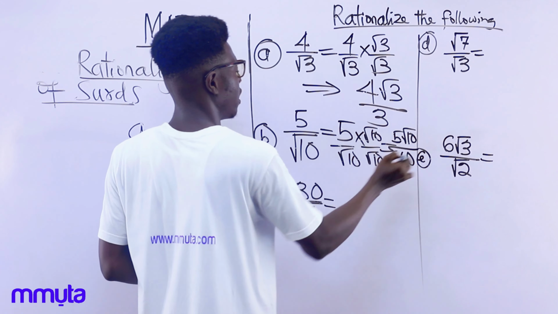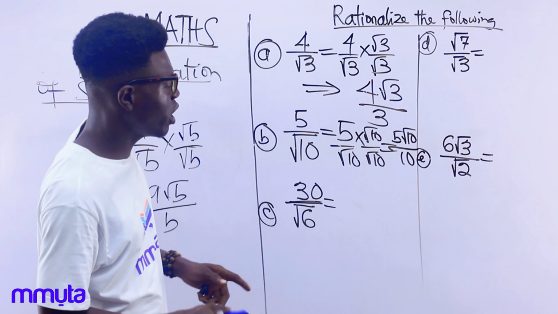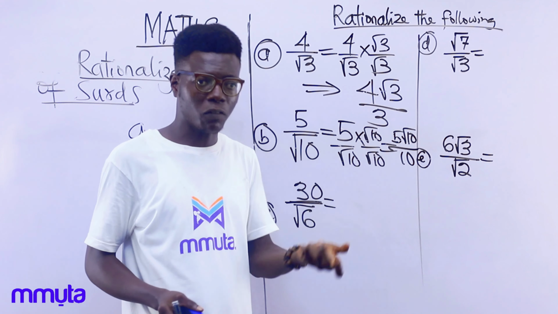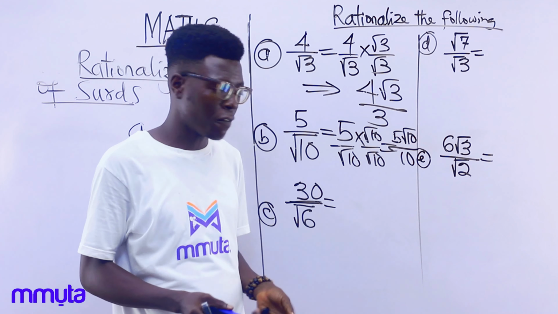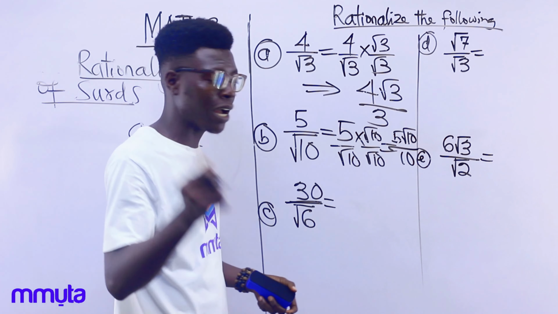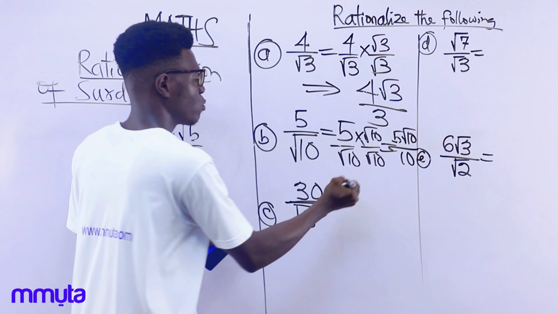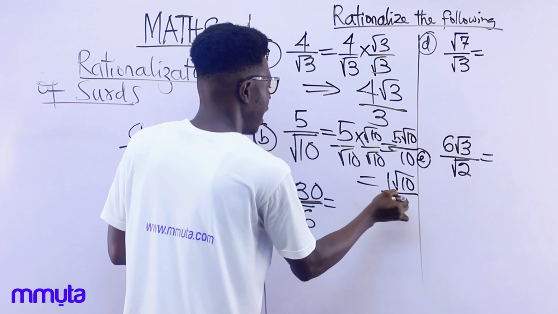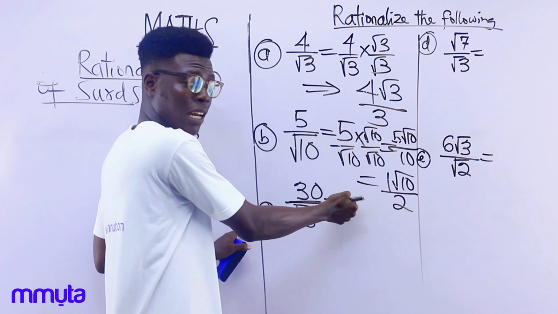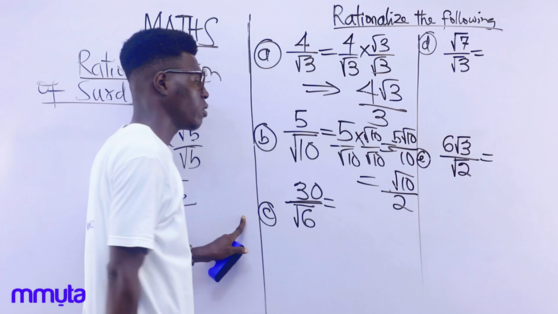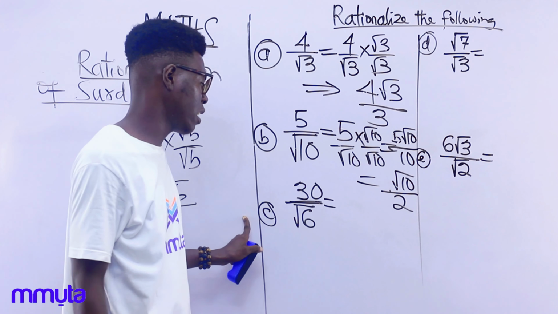But if you watch this, you are going to see that 5 and 10 both have something in common, and that is 5. 5 can cancel this and equally divide this. So 5 into this is going to give us 1, and 5 into this is going to give us 2. So the final answer becomes 1 root 10 over 2. You want to leave your answer like this? That is wrong. Clear this one. So it is simply root 10 over 2.